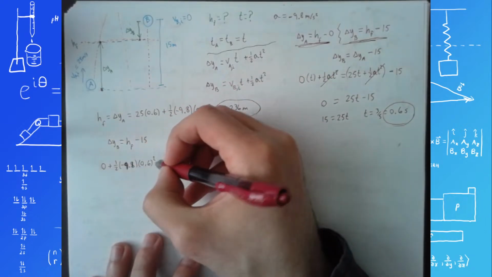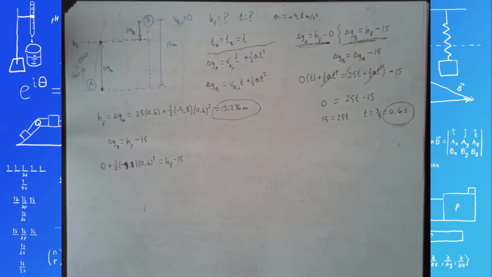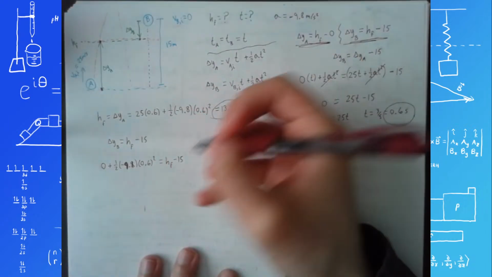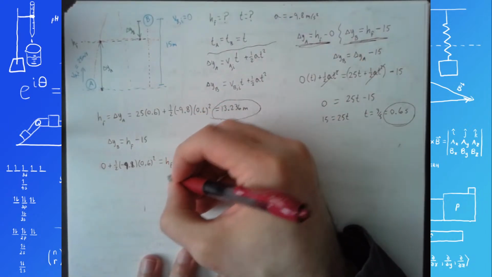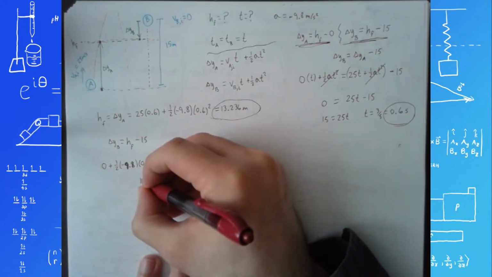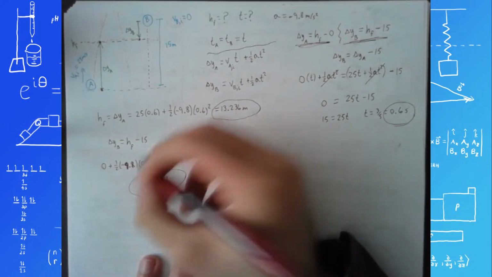That's negative 4.9 times 0.6 squared, and then plus 15. And I do indeed get H final equals 13.236 meters.